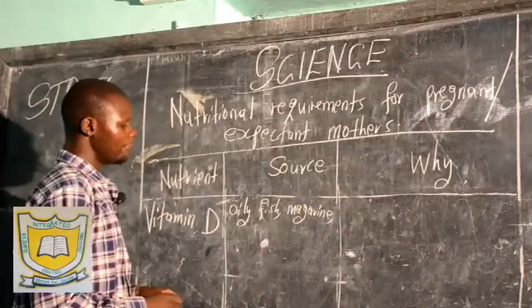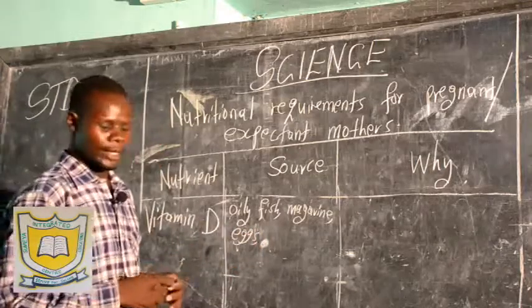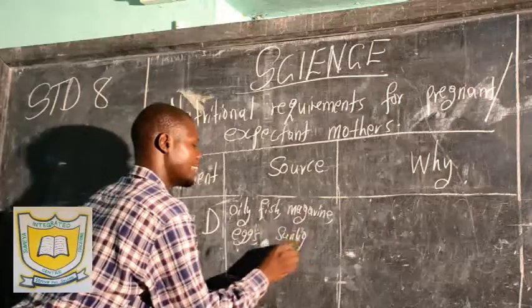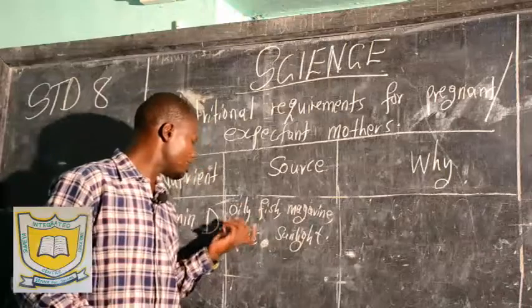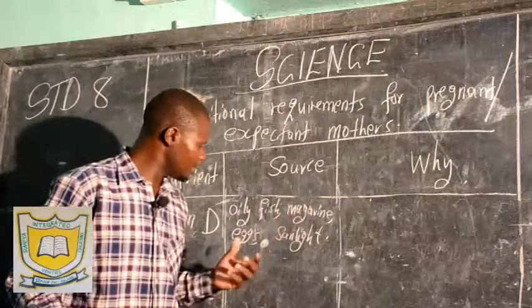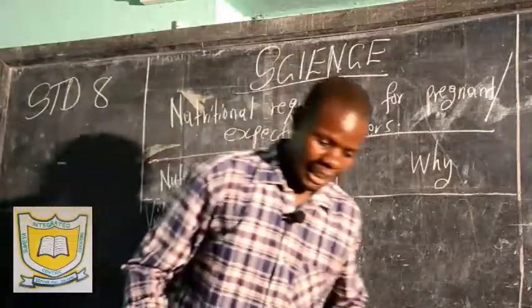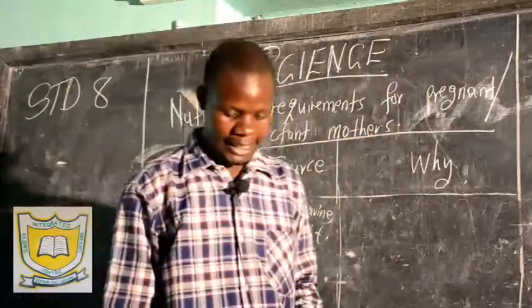We have eggs. We have natural sunlight. If you don't have money to purchase eggs, fish, margarine, you can just go and bask on the natural sunlight. It is also another very cheap source of vitamin D.